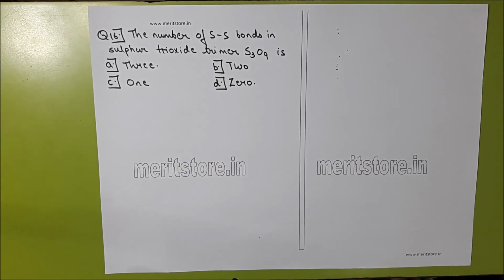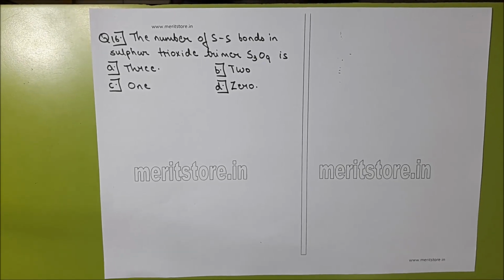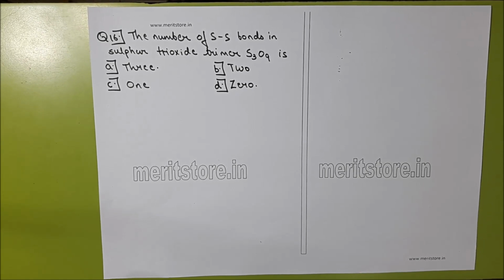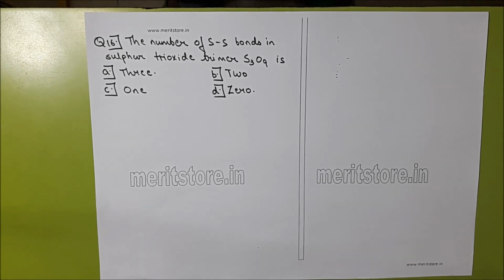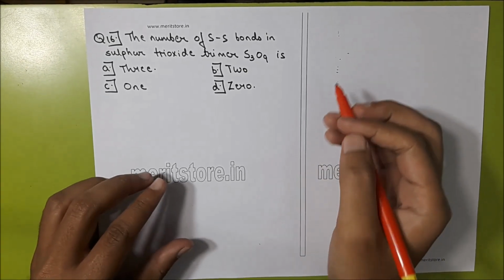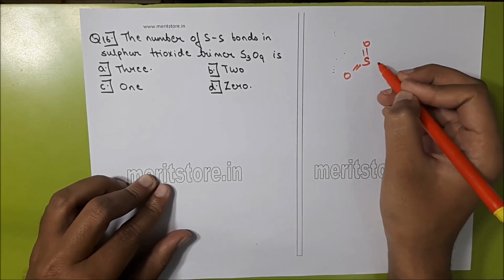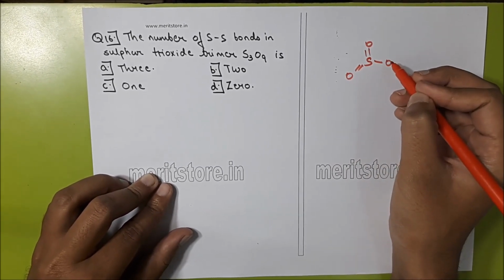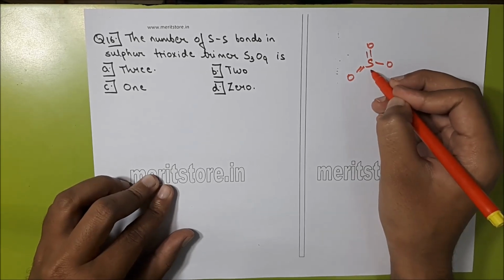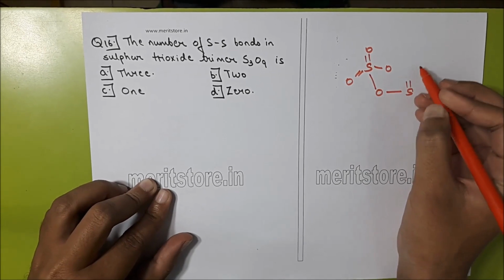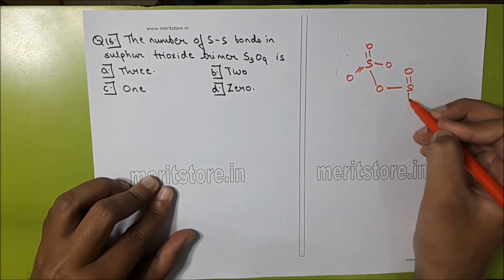Question number 16. The number of S-S bonds in sulfur trioxide, that is the trimer S3O9, is A 3, B 2, C 1 and D 0. The structure of the trimer has sulfur double bonded to oxygen, double bonded to another oxygen, and a single oxygen bonded to the next sulfur.